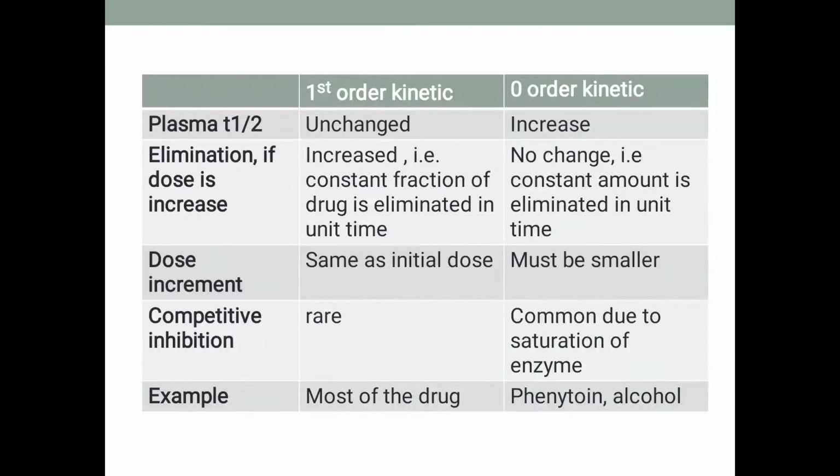What is the difference between first order and zero order kinetics, and how they affect things, like the effect on plasma half life, the effect on elimination if the dose is increased, the dose increment effect, and examples of drugs which follow first order or zero order kinetics.